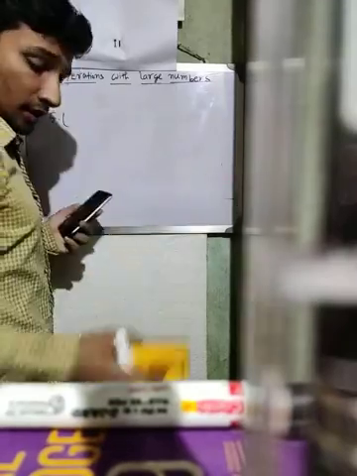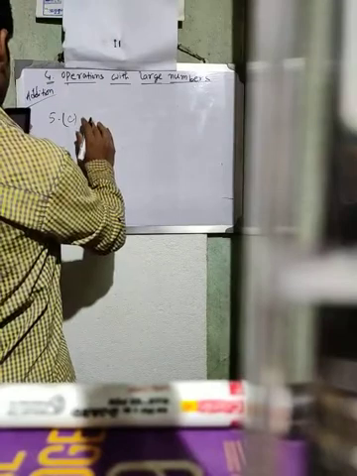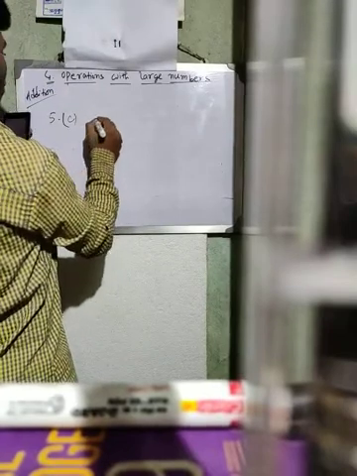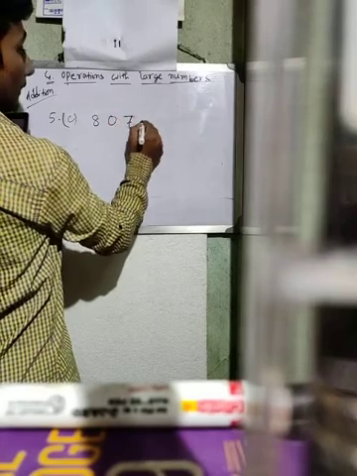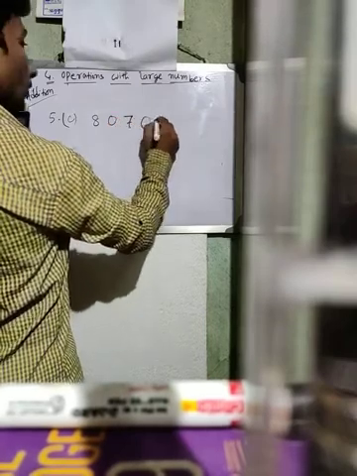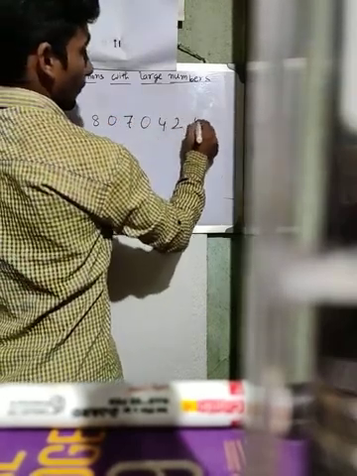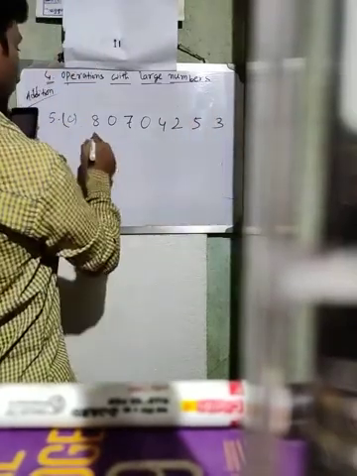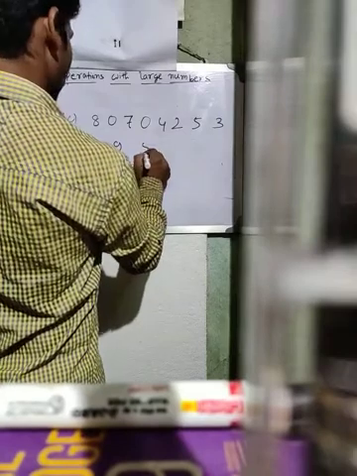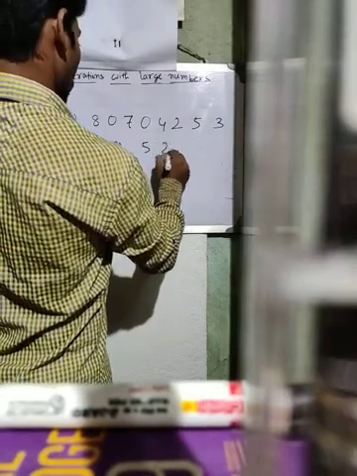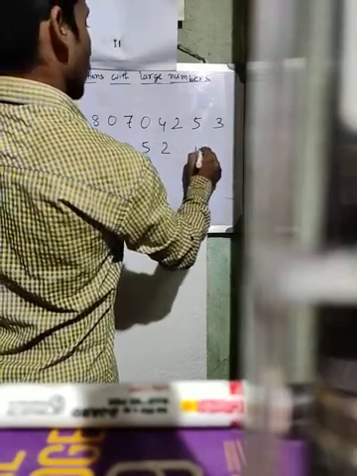Now I'm taking number C: 8 0 7 0 4 2 5 3. Next, 9 5 2 4.